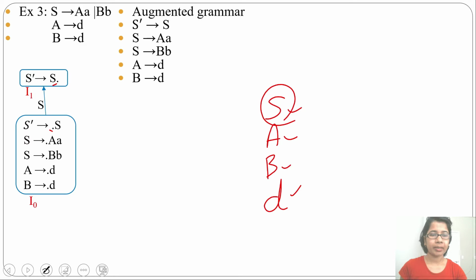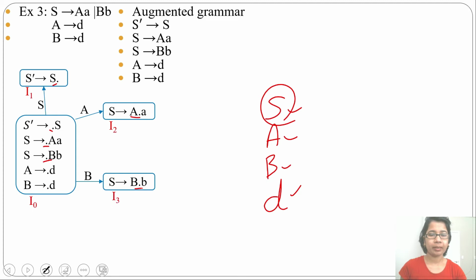Next from I0 by A, it will go to another state where the production will be S derives A dot A. This dot was before variable A, now the dot is after variable A. We'll assign the state name I2. Then from I0 by B, it will go to another state where the production will be S derives B dot B. The dot was before B, now the dot is after B. And the state name will be I3.